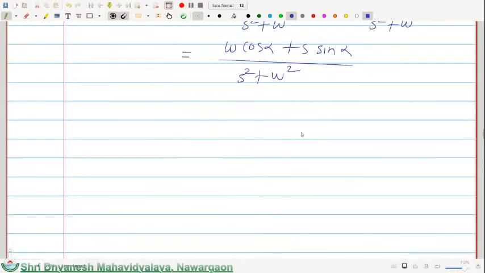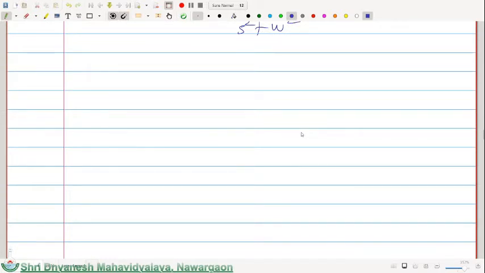Now we will recall some important formulas which will be helpful in finding the Laplace transform of functions. We'll see in the next example.